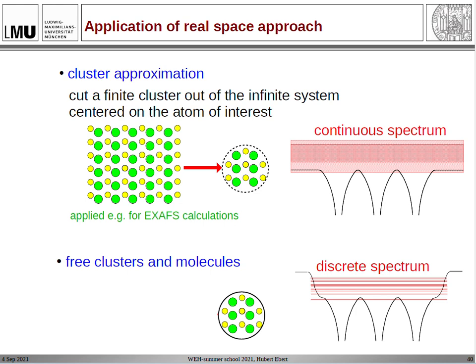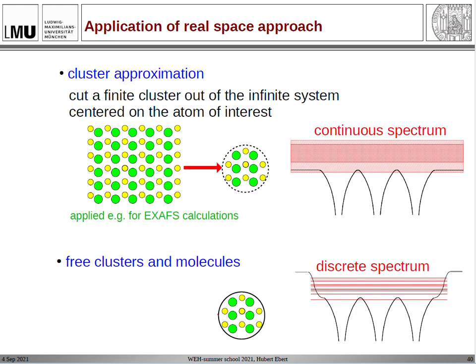Important for us is if you cut it out of a solid, you freeze in the potential. And so that means in particular that you have as a boundary condition a free electron gas to the left and to the right. And the spectrum that you are calculating is then, of course, a continuous spectrum.